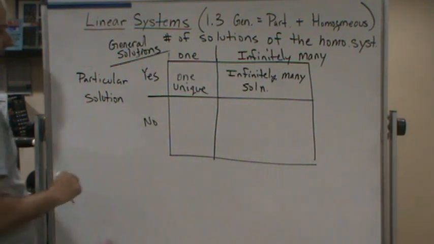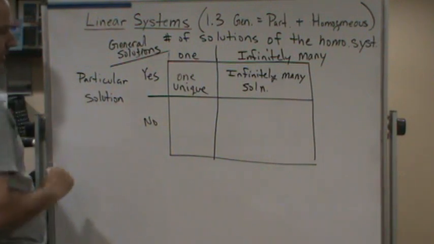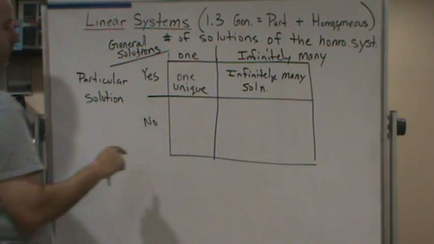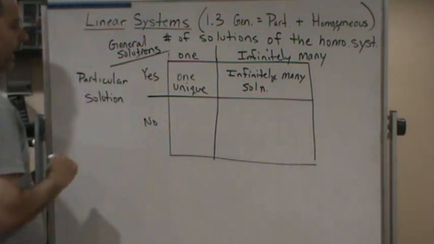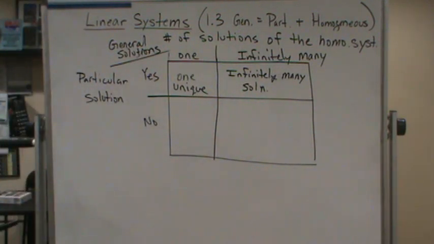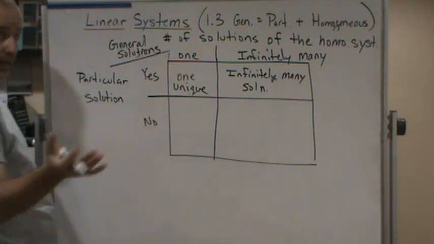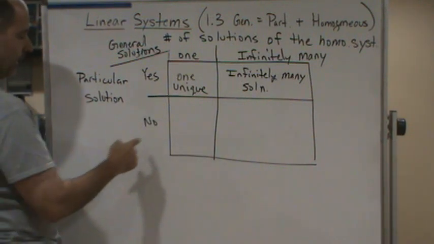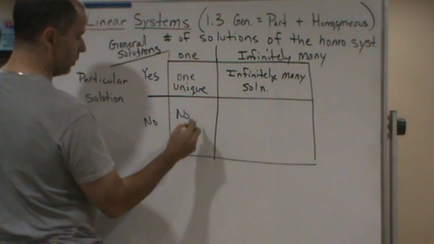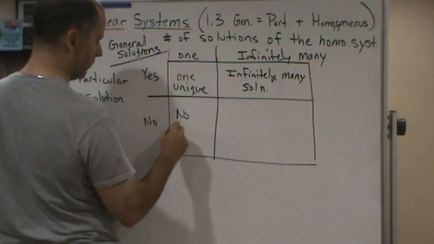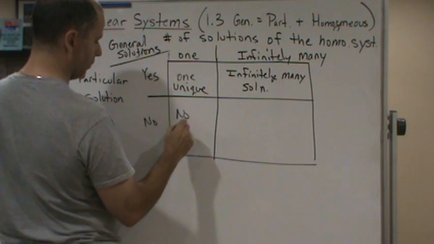Now, in the case that you don't have a particular solution, and you have a unique solution to the associated homogeneous system, which is again the zero vector, then you're going to have no general solutions.